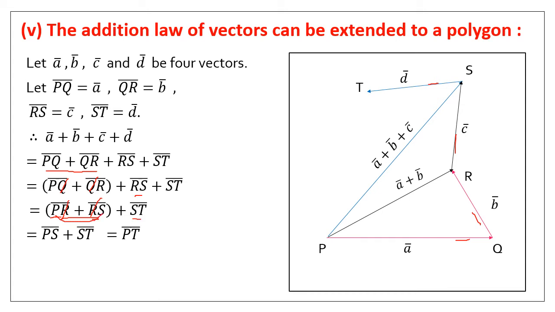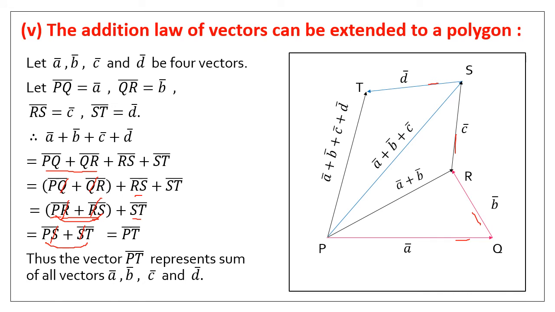See the end point and starting point of these two vectors, which gives us PT bar, also by triangle law of vectors. So the PT bar represents the sum of all vectors A bar, B bar, C bar and D bar.